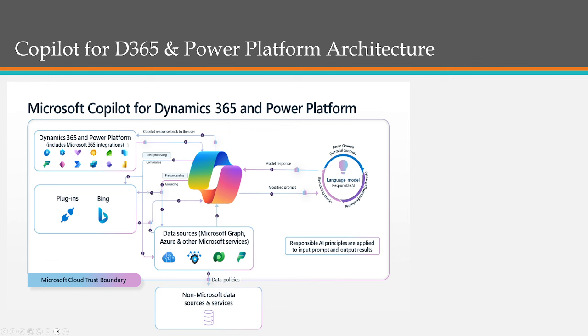And Power Platform is a no-code, low-code platform. Microsoft is a leader in that space, and there are 4 components to the Power Platform: Power Apps, Power Pages, Power Automate, and Power Virtual Agent. Previously they used to call it that, now they are calling it Copilot Studio.